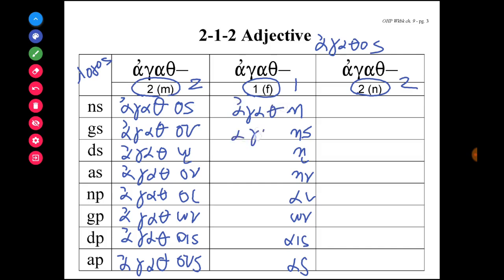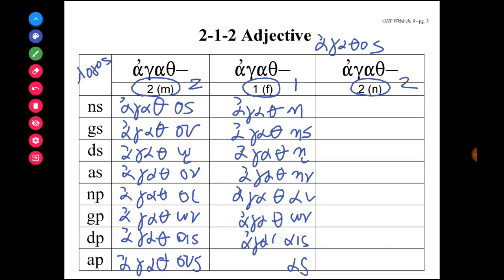Agathe, agathes, agathe, agathen, agathai, agathon, agathais, agathas.